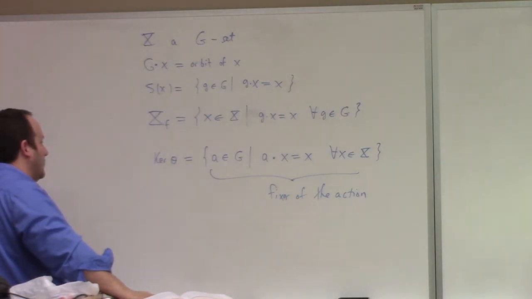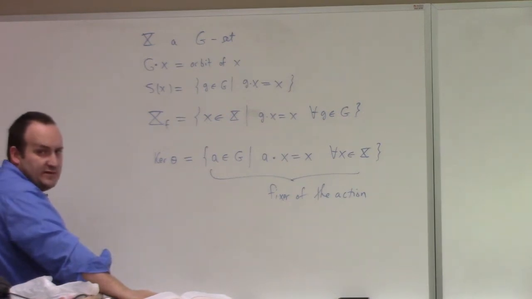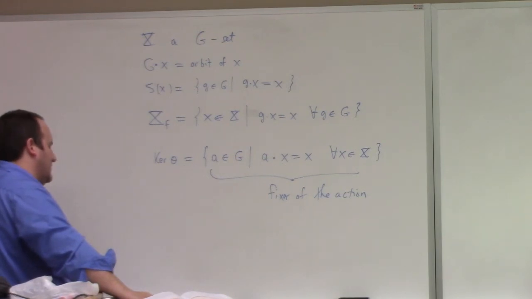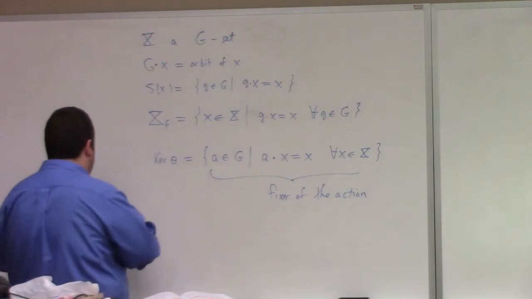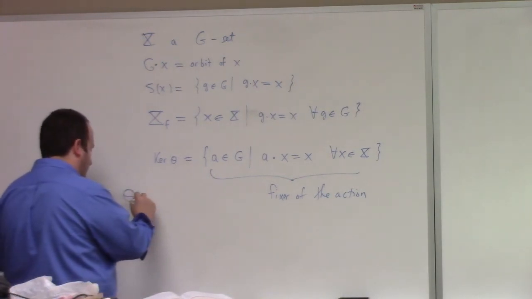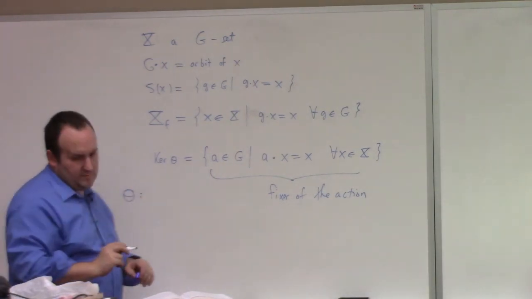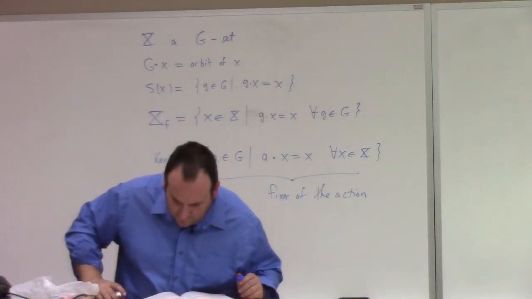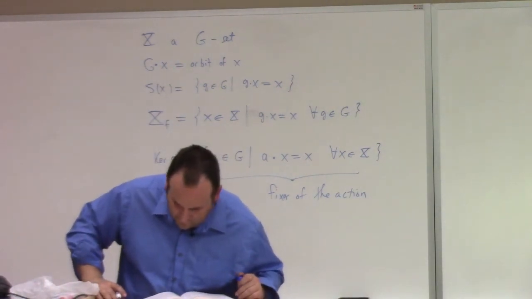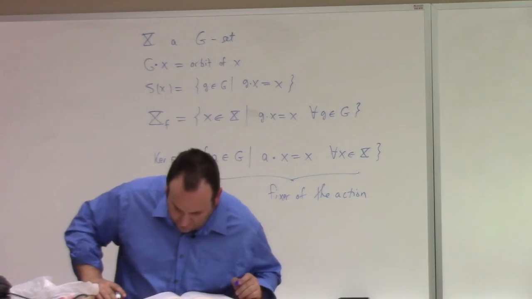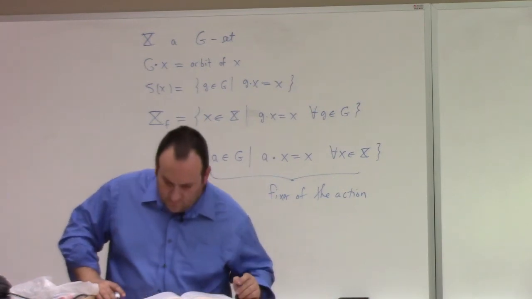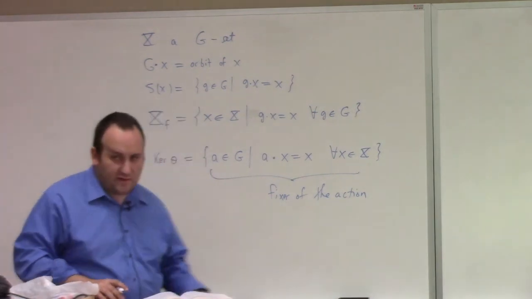This theta is the homomorphism that corresponds to the action, like we talked about. Theta is a mapping from where? It's from G to permutations on X?